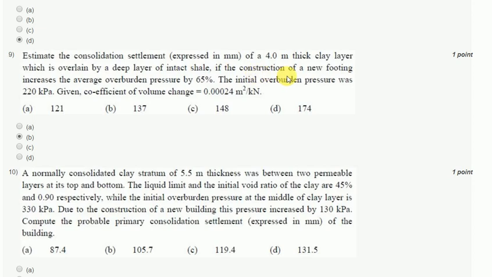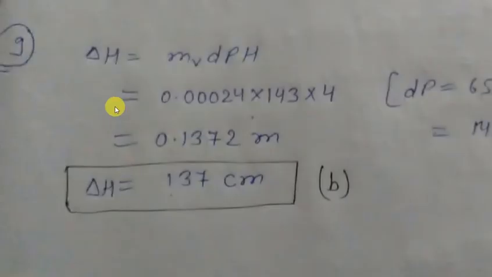If the construction of a new footing increases the average overburden pressure by 65%, the initial overburden pressure is 220 kilopascal, and the coefficient of volume change is 0.0024 meter square per kilonewton. So let's see the solution for this question.